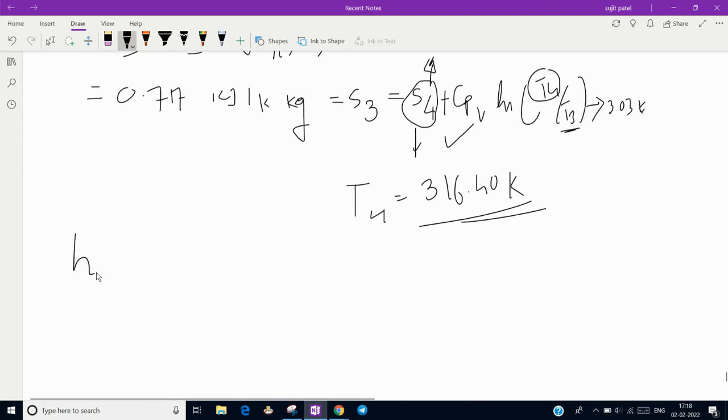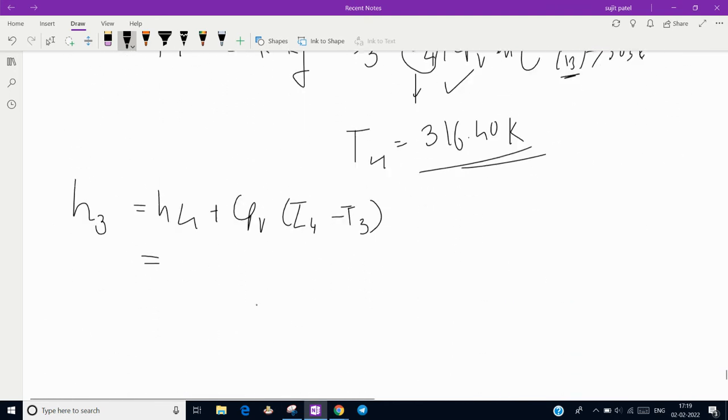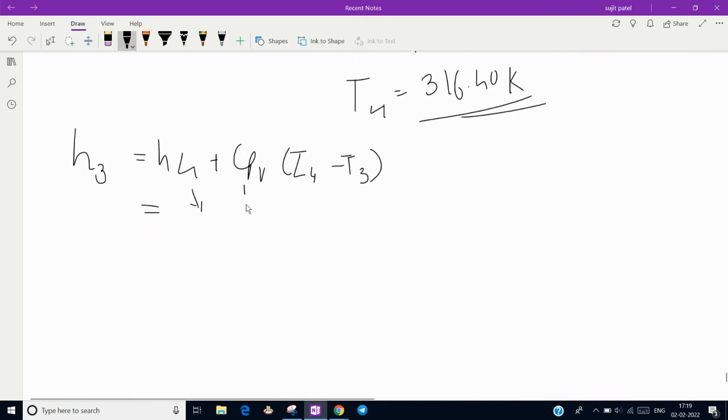Now we have the enthalpy at point 3, that is H4 plus specific heat of vapor into T4 minus T3. H4 is 199.62, the enthalpy of vapor at 30 degrees. So put 199.62 over here, Cp of vapor 0.733, T4 316, and T3 equal to 303.